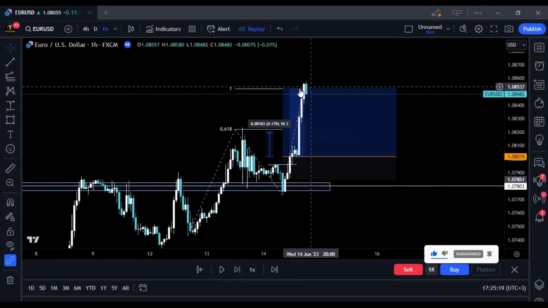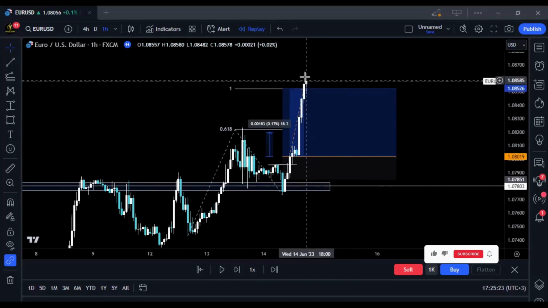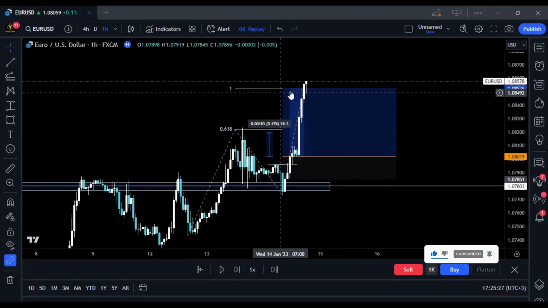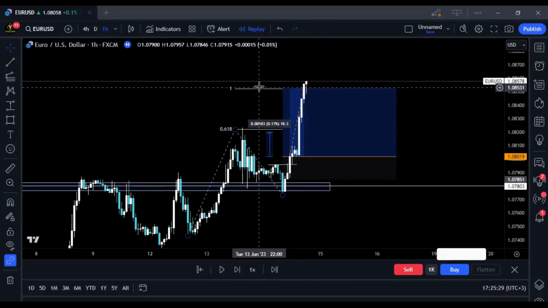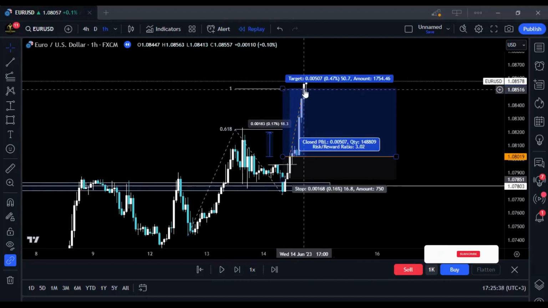And then prices just sniped take profit, and it looks like it might keep on being bullish. But we would have been exiting the market at 3R, or once prices reached 1 here. So another way that I manage my trades is that once prices reach 3R, I look at the market momentum. Does the market still have momentum?